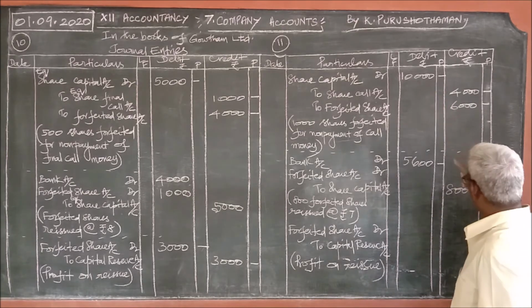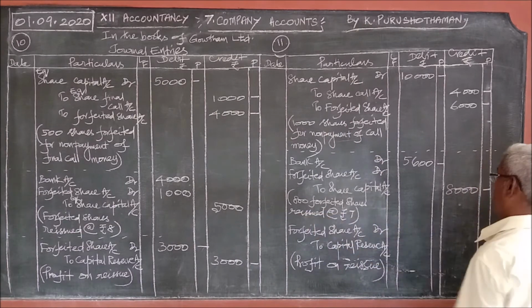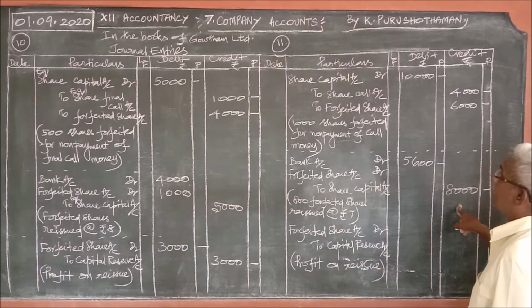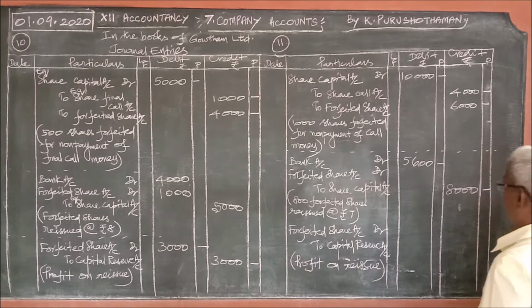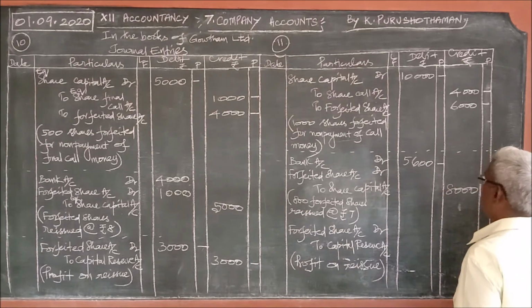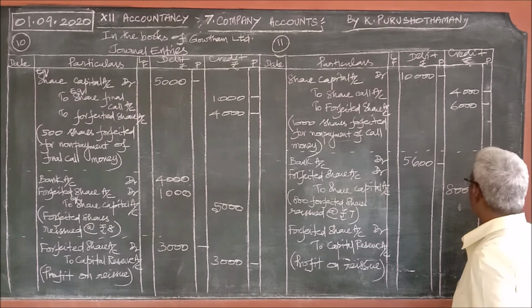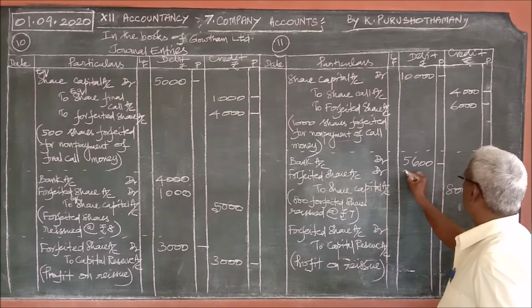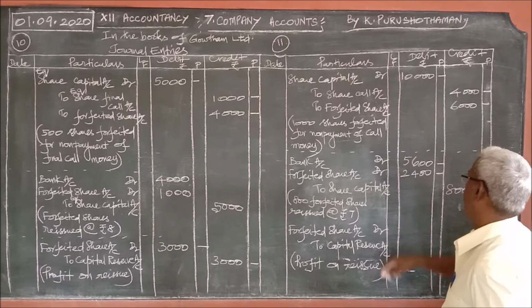Here not the 10,000 and the same 10,000. You see that 5,000, the same 5,000. But here no, because not all the shares were reissued. Okay, then what should be the balancing figure here? 800 into 7, 5,600. 8,000 minus 5,600, 2,400 should be the balancing figure, that is forfeited share.